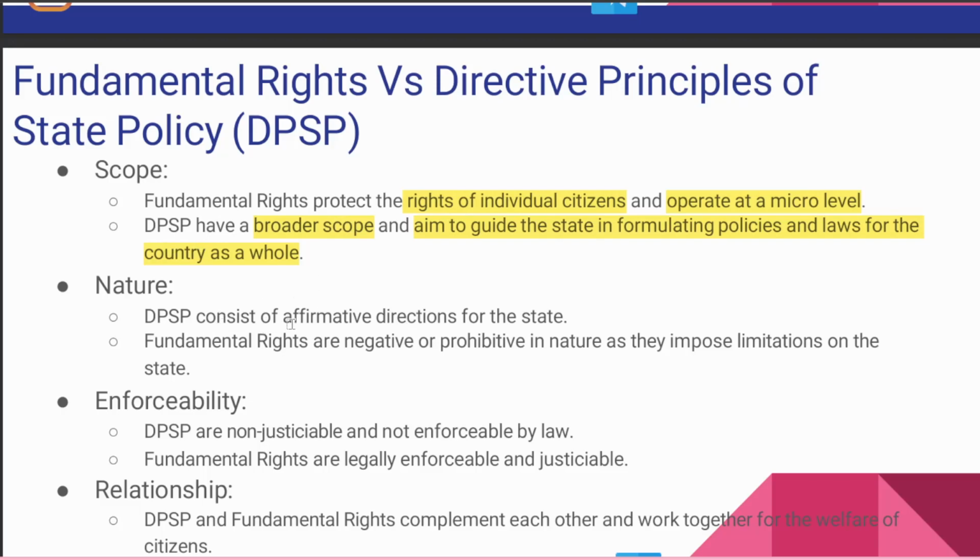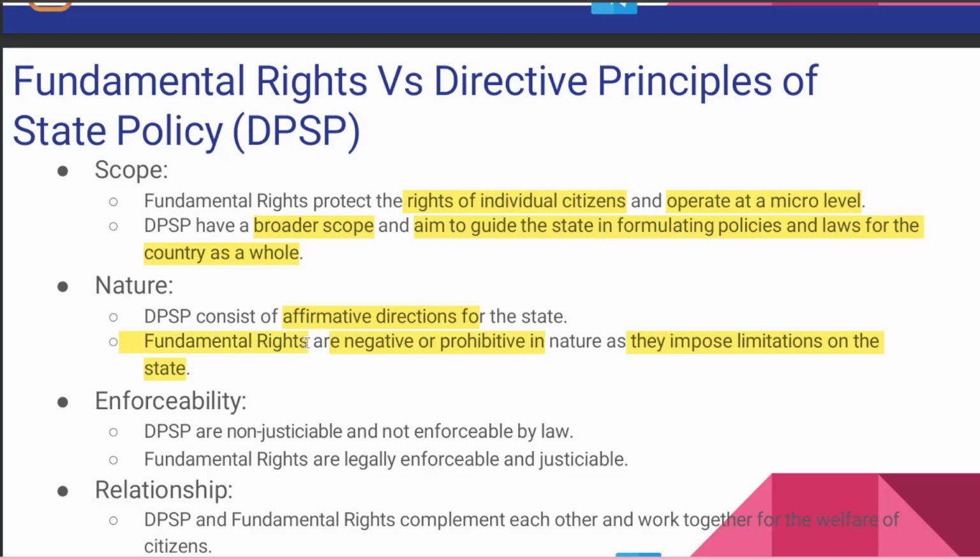The nature of DPSP is affirmative directions for the state. It is giving affirmative, positive direction to the state, whereas fundamental rights are negative or prohibitive in nature as they impose limitations on the state. These rights are effective only against the state. The state government should give a person their right, and if they don't give it, it comes as a negative against the state.